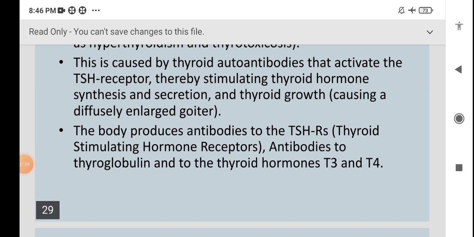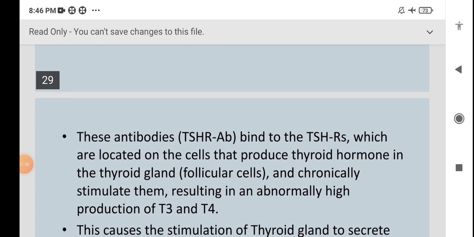The body produces antibodies to the TSH-R, thyroid stimulating hormone receptors. Antibodies to thyroglobulin could be seen, and to the thyroid hormones, that is T3 and T4.